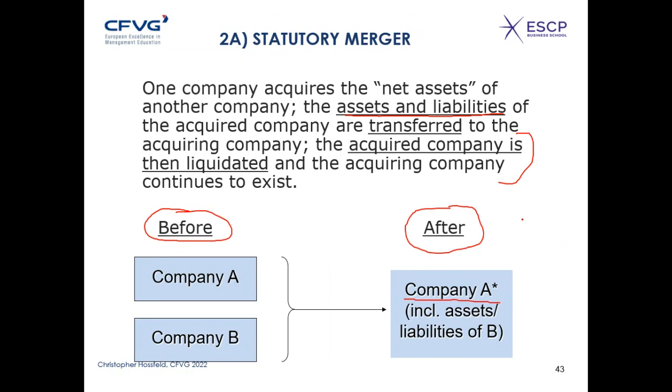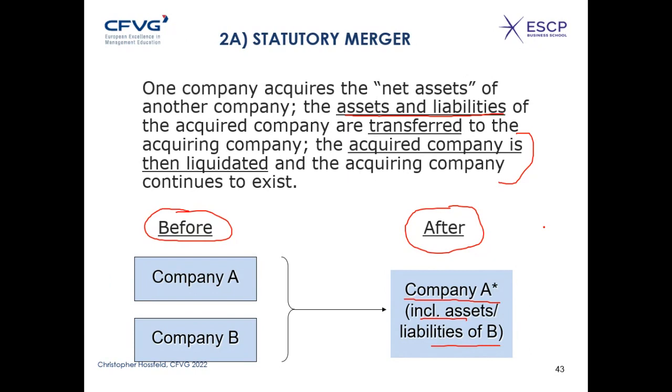Obviously, now company A is much bigger than it was before, because it includes all assets and all liabilities of company B. In other words, legally, company B does not exist anymore, but economically, company B will continue to operate, because the assets and the liabilities are factories, machines, accounts payable, and so on.